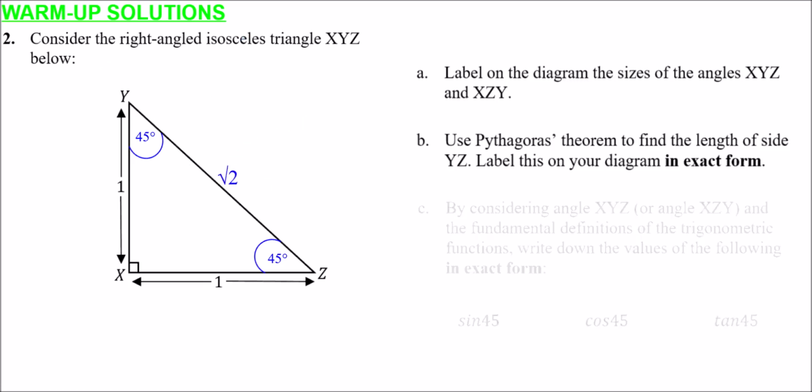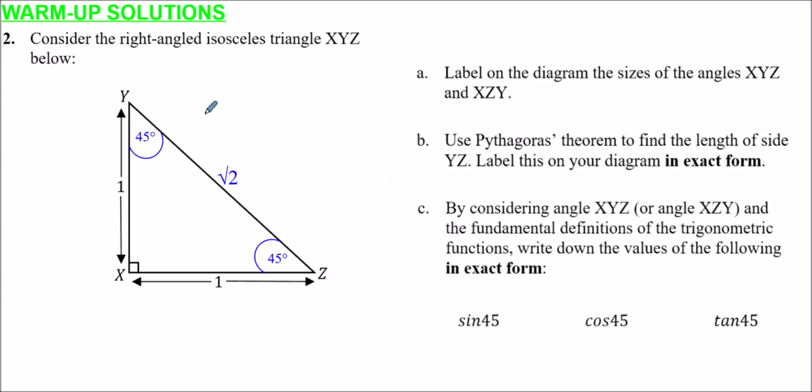The next step is just by considering either one of these angles at Y or Z and the fundamental definitions of the trig functions, we can write down now the values of sine 45, cos 45, and tan 45. So first of all, let's just think about sine. So the sine of an angle of 45 is going to be the opposite side to the angle, which is 1, divided by the hypotenuse relative to the triangle.